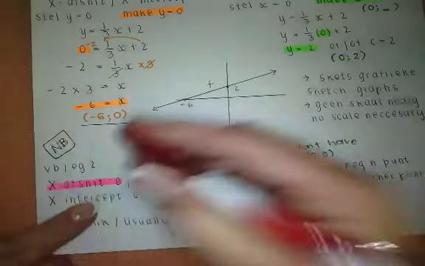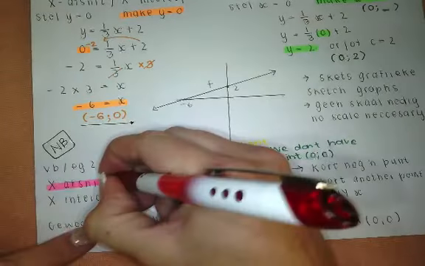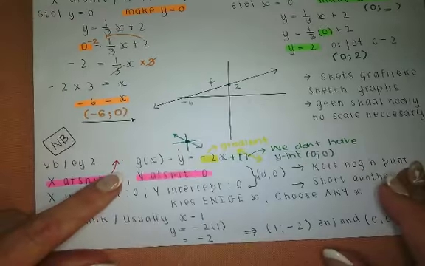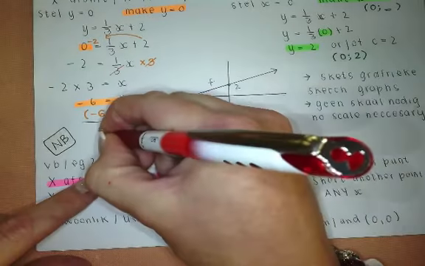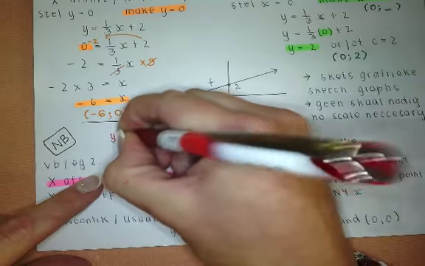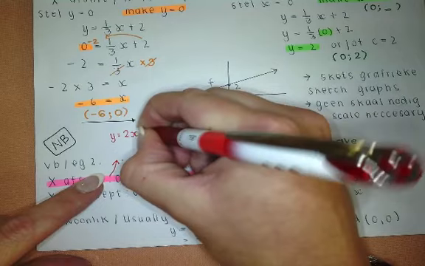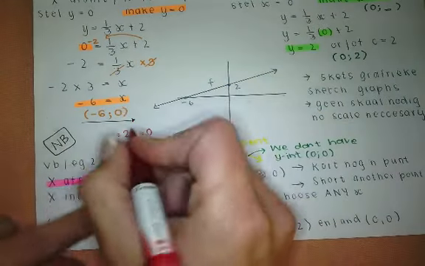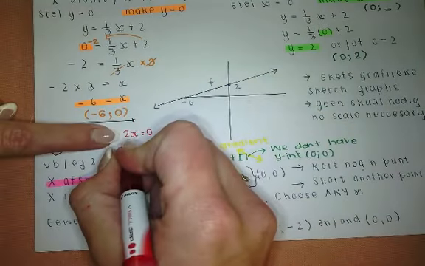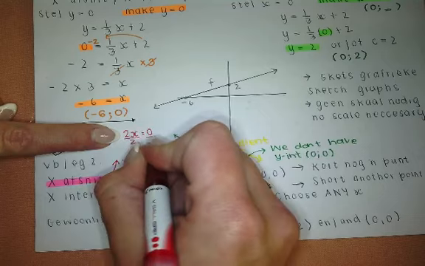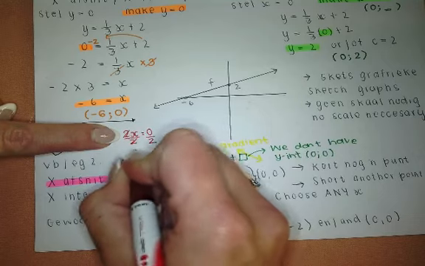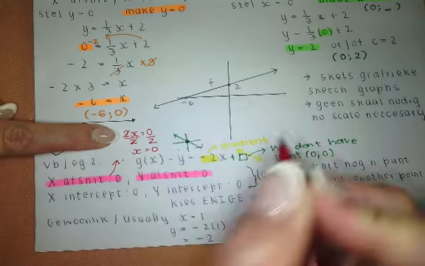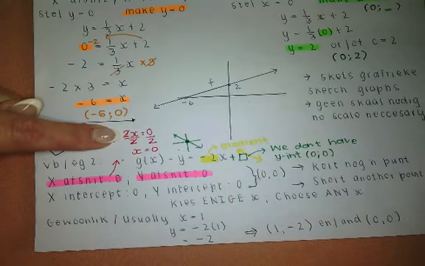For my x-intercept, what do I make equal to 0? I'm going to show you something now. To get x on its own, we divide both sides by 2. So do you agree x is going to be 0? My x and my y-intercept are both 0 and 0.